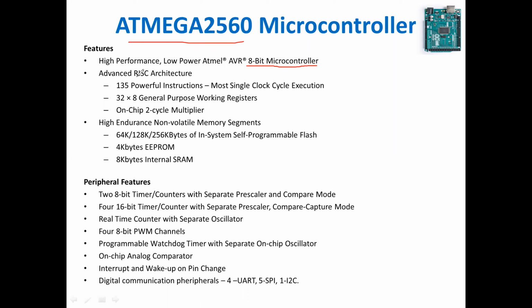And it is a RISC type of architecture. In the first unit we discussed what RISC is, reduced instruction set. With fewer instructions, you can target many types of applications. That is the main motto for industries. We have 135 powerful instructions supported by this microcontroller, 32 general purpose working registers, and on-chip 2-cycle multipliers.